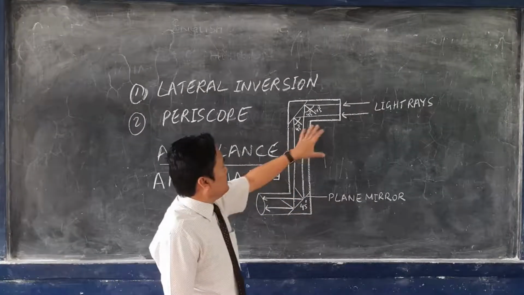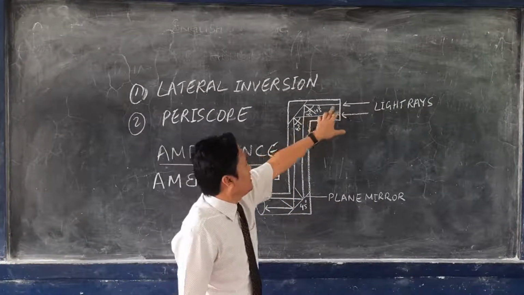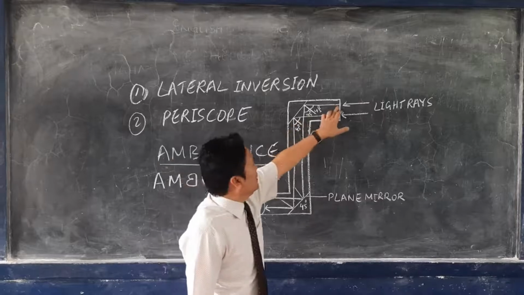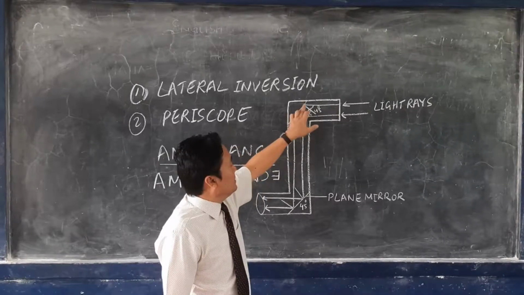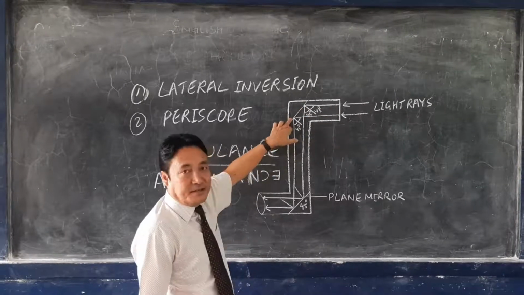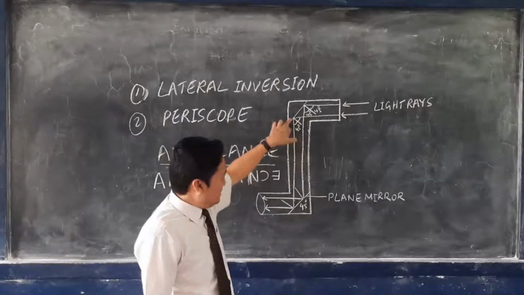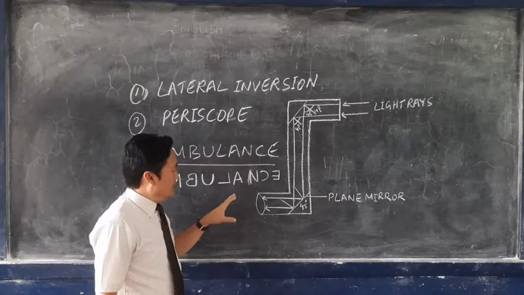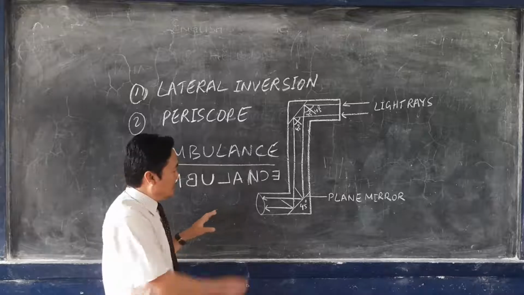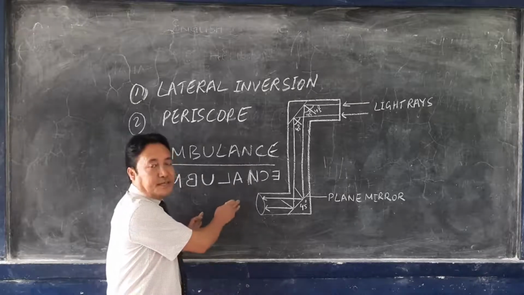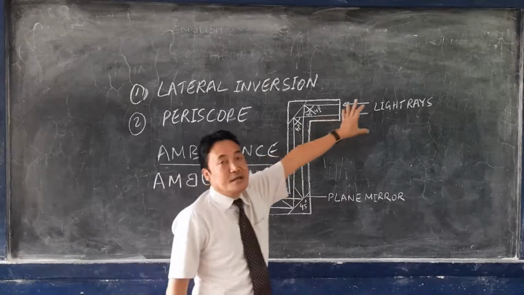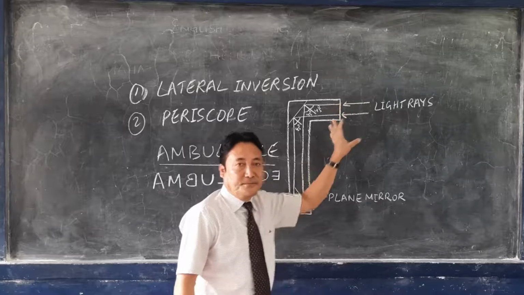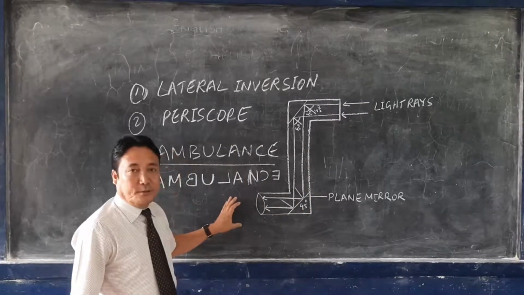Similarly for the second ray, the reflection takes place 2 times. After reflection, this light will come to the observer. So the observer will be at the lower side, not at the top, because the light will enter from the topmost region and the observer will be at the lower region.